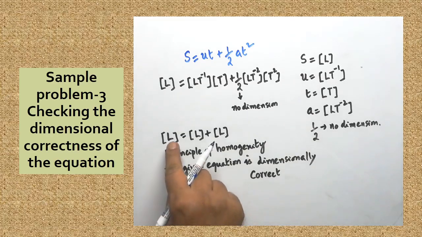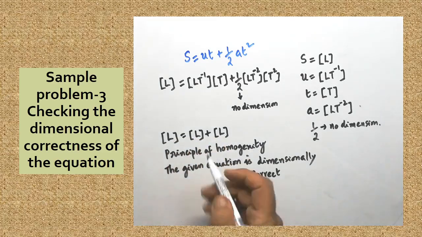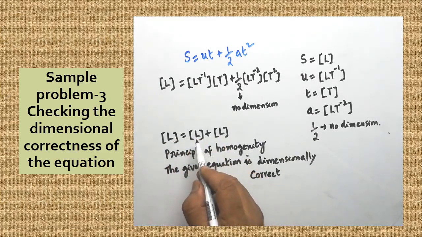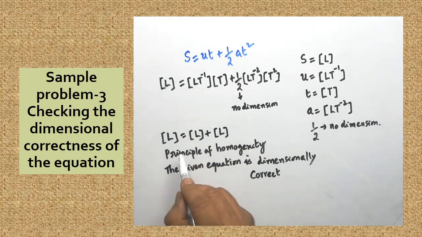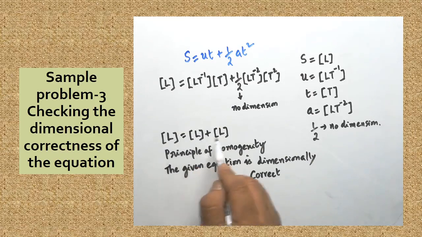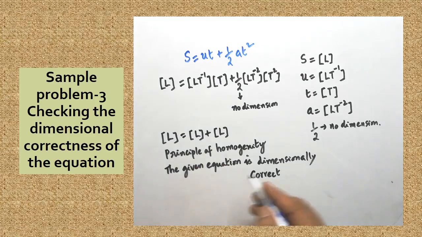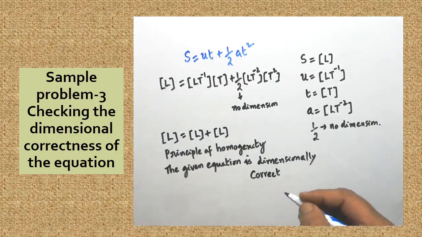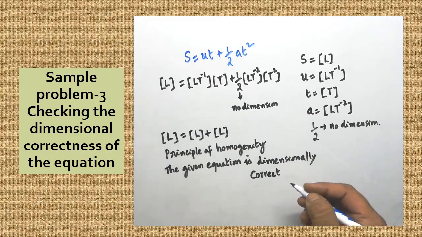Because all the dimensions must be same. If there are any variations in the dimension, the given equation won't be correct. In this case, as per principle of homogeneity, the factors of LHS side, the factors of RHS side, all are having same dimension L. That's why this is called dimensional correctness. Okay. Thank you.